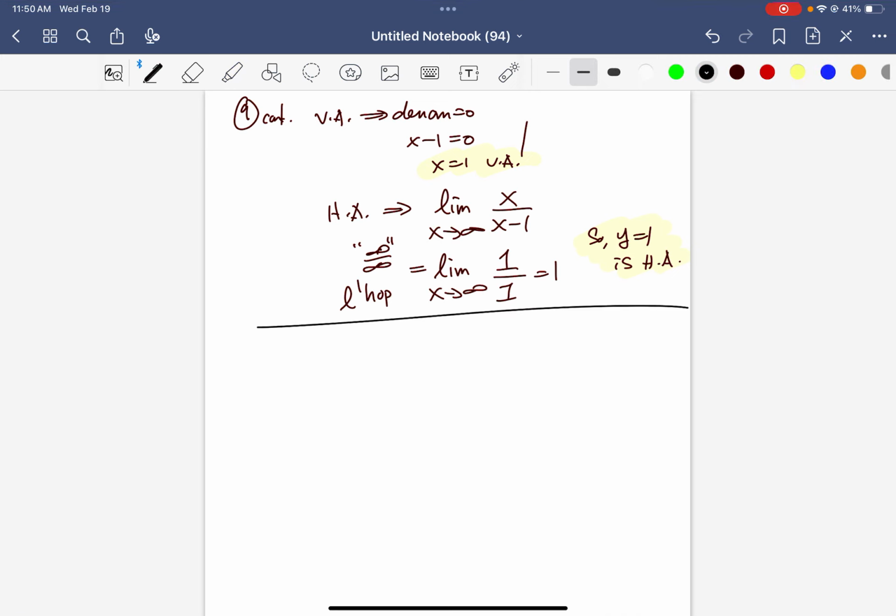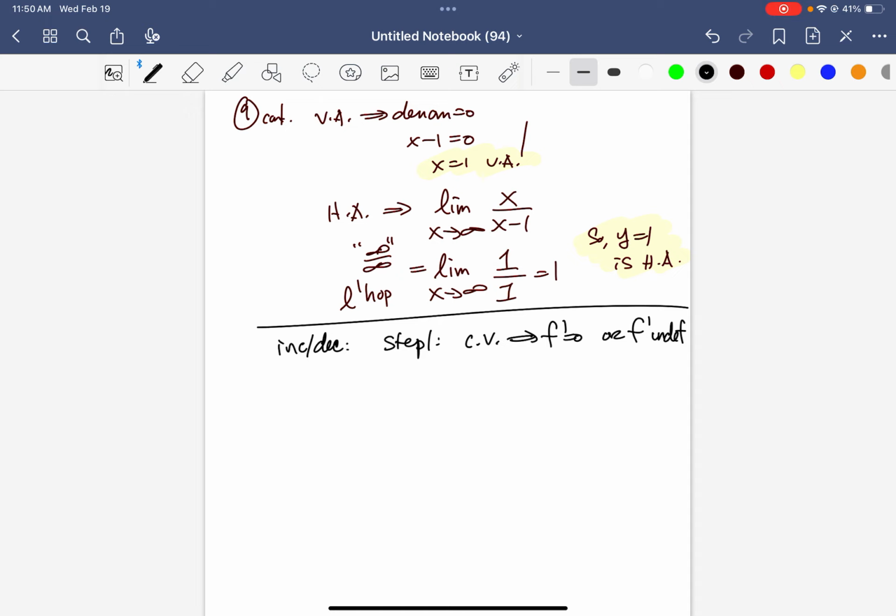All right, now we're ready to talk about increasing, decreasing. And so step 1 is critical values, where the derivative equals 0 or the derivative is undefined. Let's see.